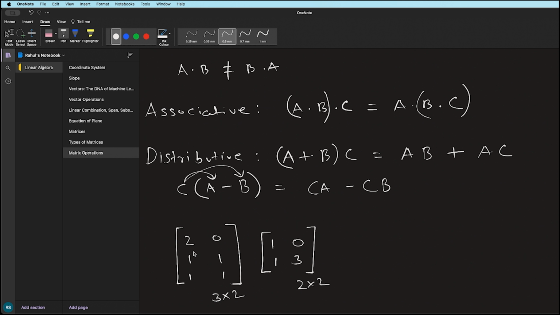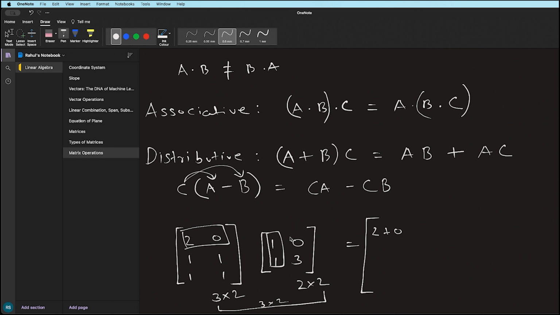Matrix multiplication is possible in case of these two matrices because the number of columns of the first matrix is equal to the number of rows of the second matrix. So let me multiply here. I will choose the first row and the first column. The resulting shape of this matrix will be 3 cross 2. So the first element will be 2 times 1, plus 0.